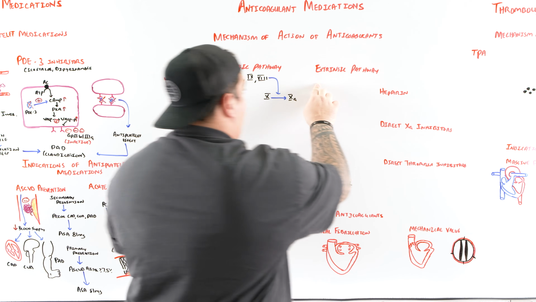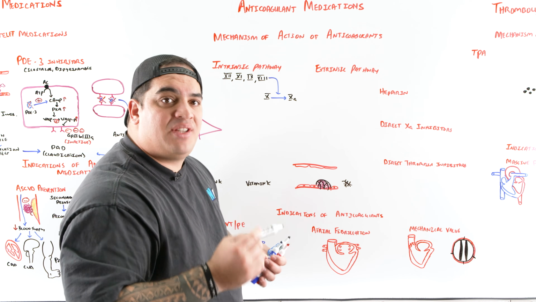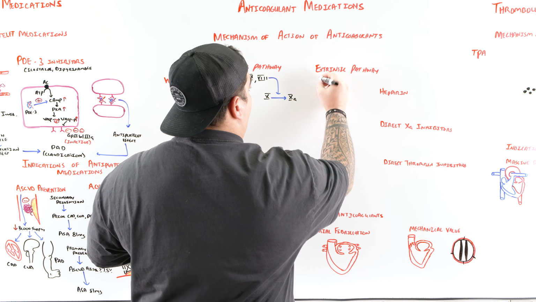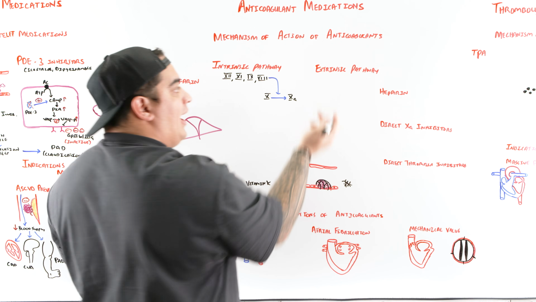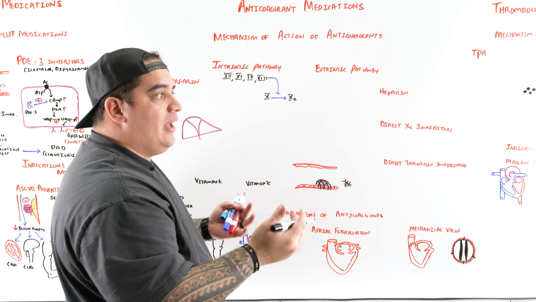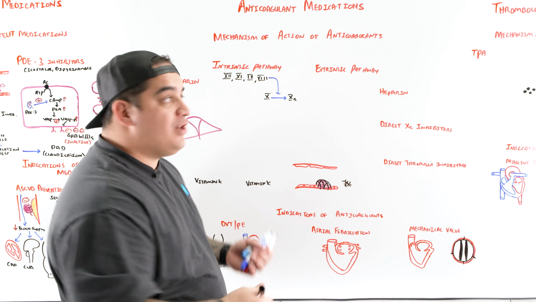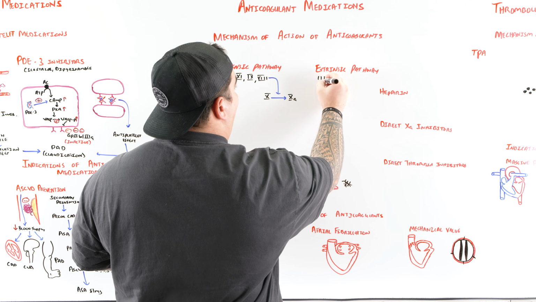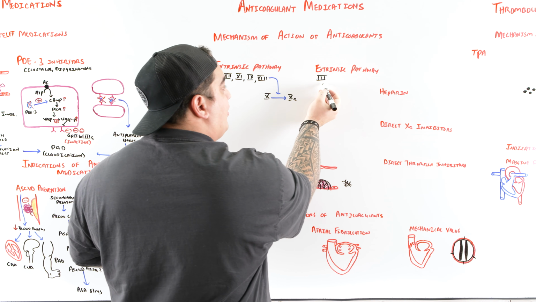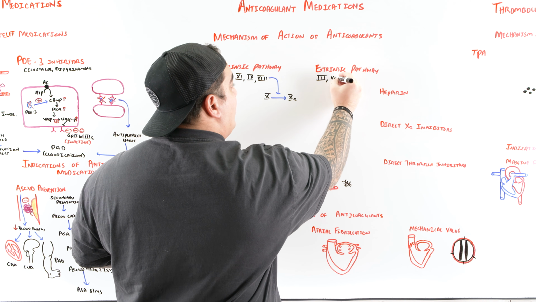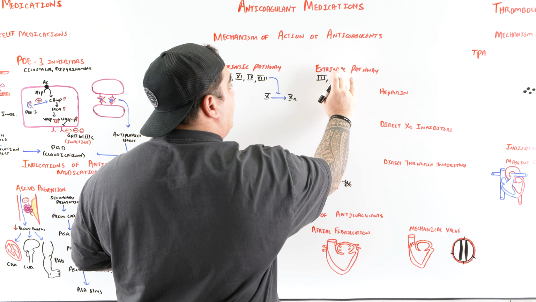Now, the extrinsic pathway is really looking specifically at tissue factor. Now, tissue factor is released by injured endothelium. And whenever you have an injured endothelium, it helps the activation of tissue factor, which is really factor 3. And then factor 3 combines with the activated factor 7, right?